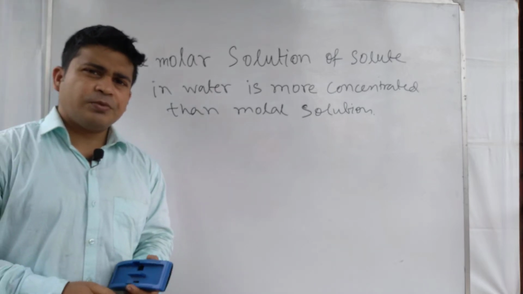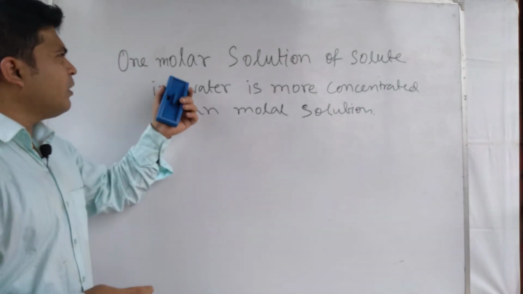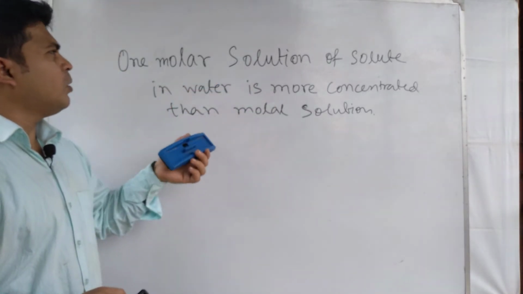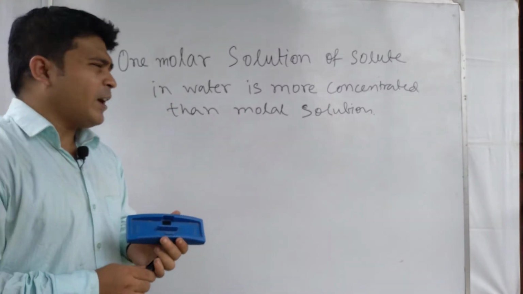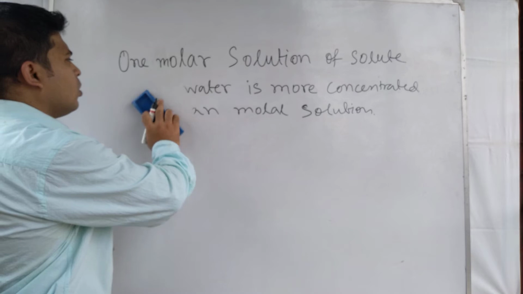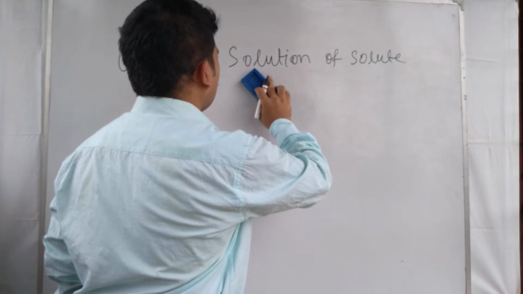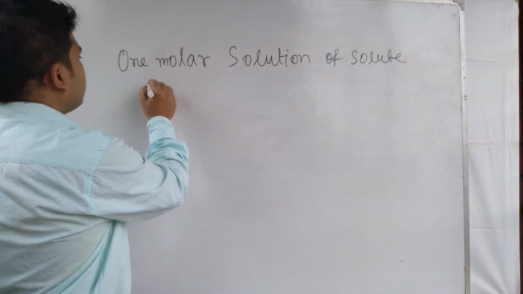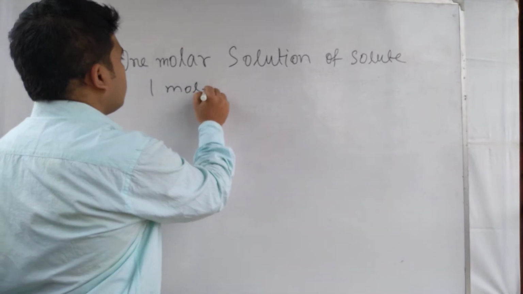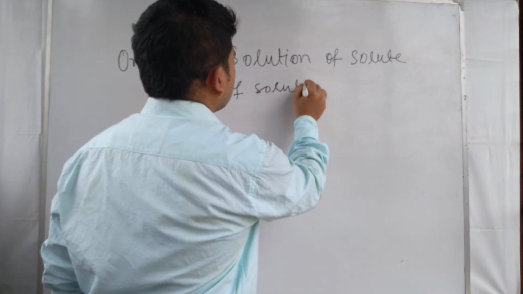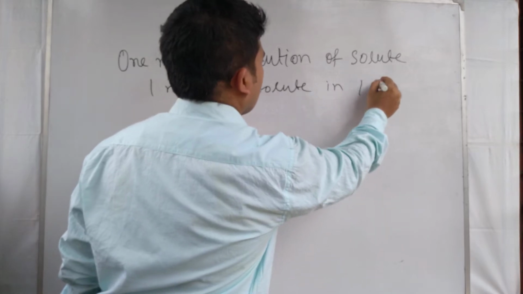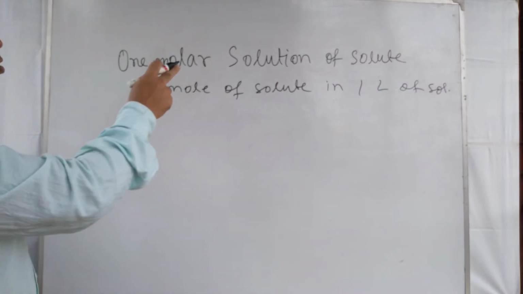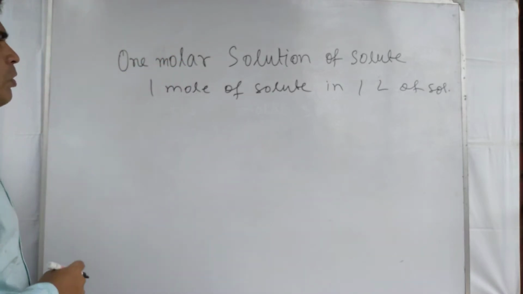First we have to know the definitions of molar and molal solution, and then we can solve this problem. In an aqueous solution, if we take a 1 molar solution of any solute, it means 1 mole of solute in 1 liter of solution.